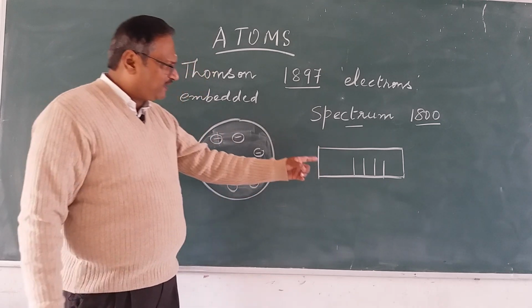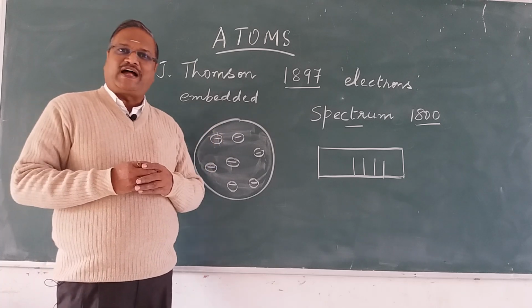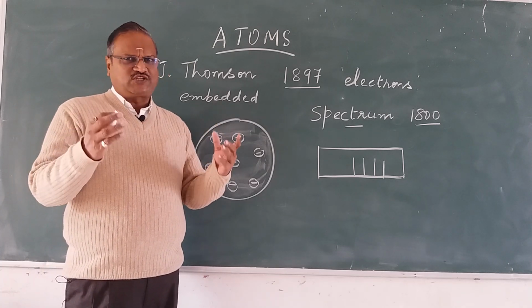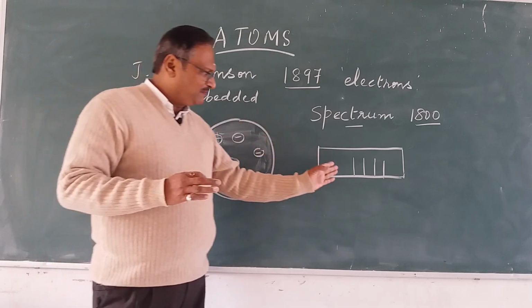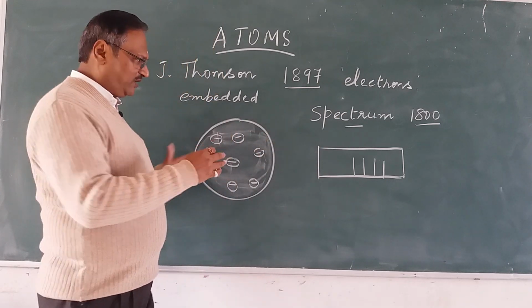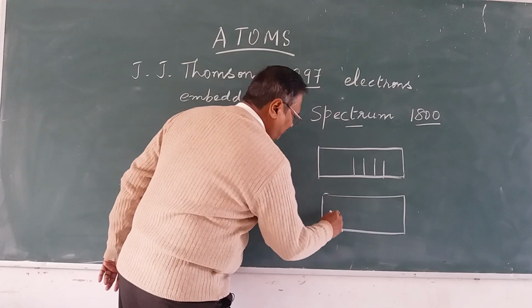This line spectrum cannot be explained with J.J. Thomson's atom model. I will also tell you what a continuous spectrum is. Opposite to line spectrum is continuous spectrum, where the colors are continuous and they all merge.